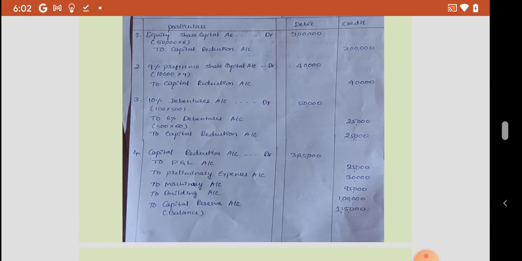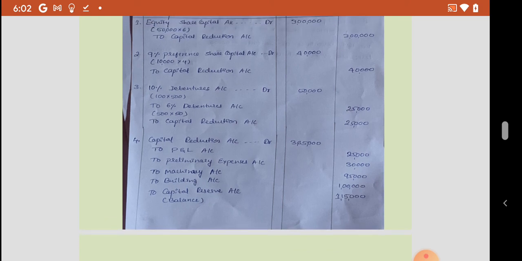Here the face value of debentures has been changed, so there is a variation in the journal entry. So we pass 10% debentures account debit to new debentures account, that is 6% debentures account, that is 500 into 50, to capital reduction account. So 50,000, 25,000. And using these amounts, that is total of 3,65,000, we write off.